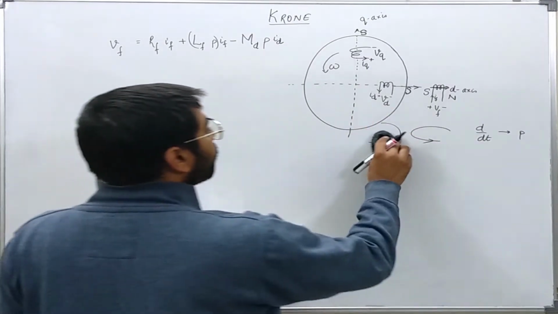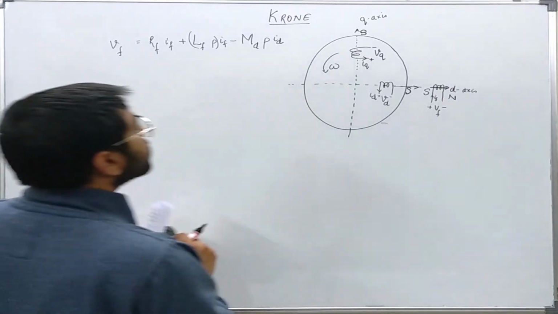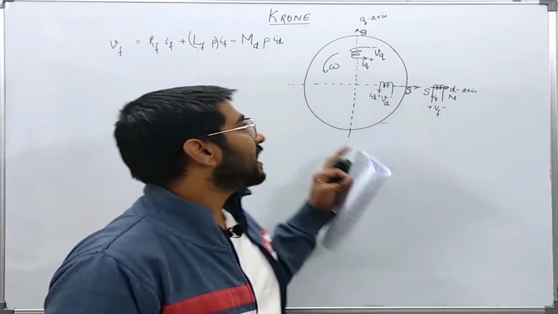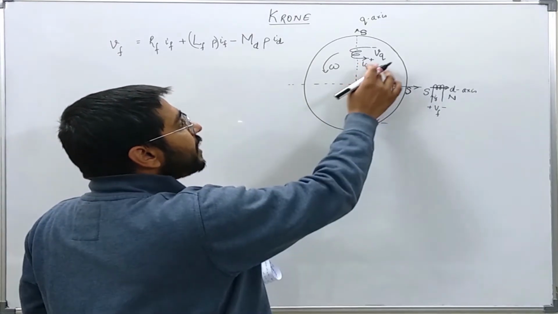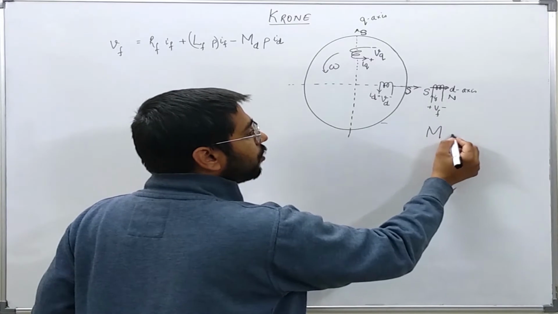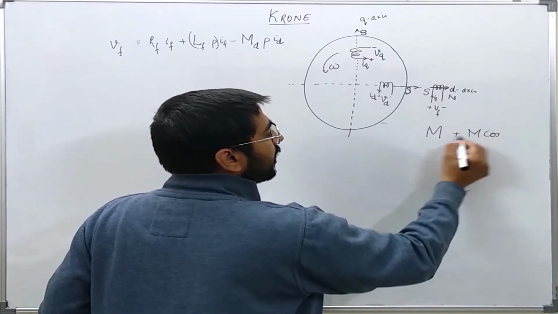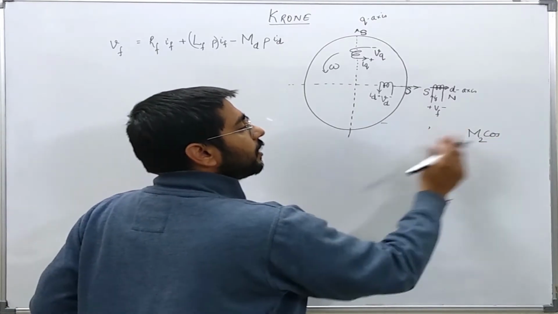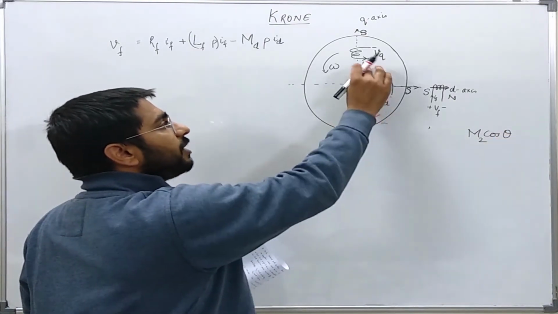Now you might be wondering why I have not used any current of the Q axis. You can see that for the transformer voltage, the mutual inductance between the two windings Q and D is 0. Mutual inductance varies according to some law, M1 plus M2 cos theta, where theta is the angle between the coils.